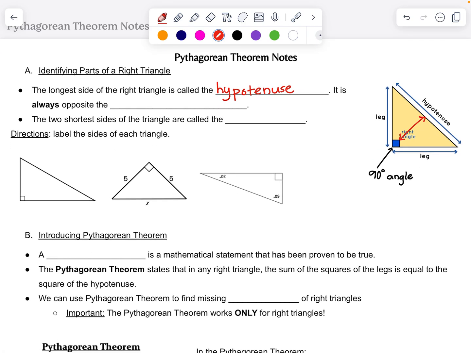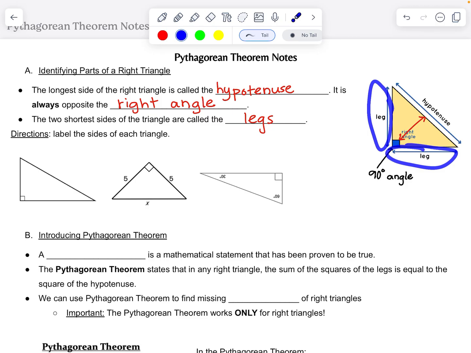It is always opposite the right angle. Okay, so here we have the hypotenuse, and we have names for the other two sides. We call those the legs. So the hypotenuse, the longest side across the right angle, and then we have our legs, two legs.